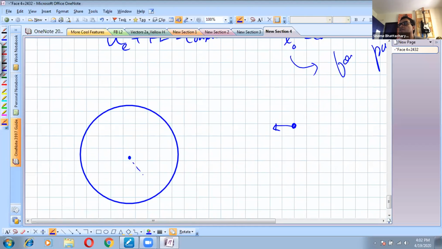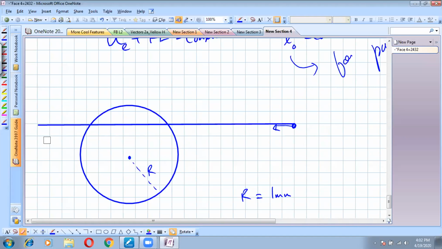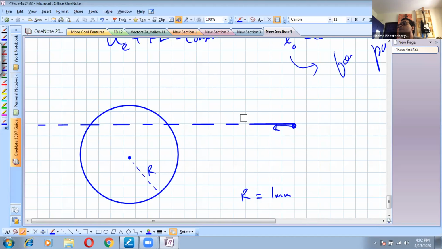The sphere's radius is equal to 1 millimeter, and the line of action of this particle's velocity or momentum is along this direction.